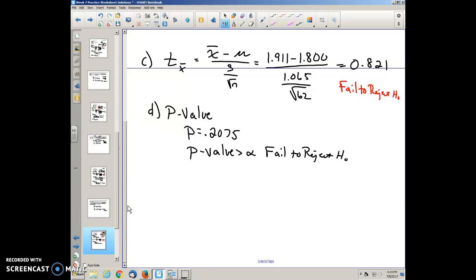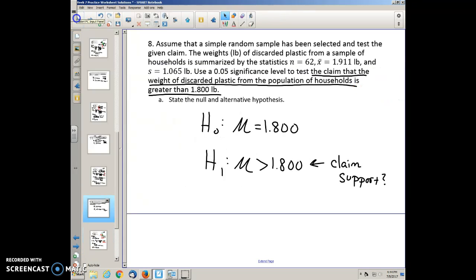Alright, so either way you do it, and most of the time you're asked for both values, so we're doing both. So we fail to reject the null hypothesis. And if we go back to our original information, the claim was with the alternative hypothesis, the claim was with the inequality.